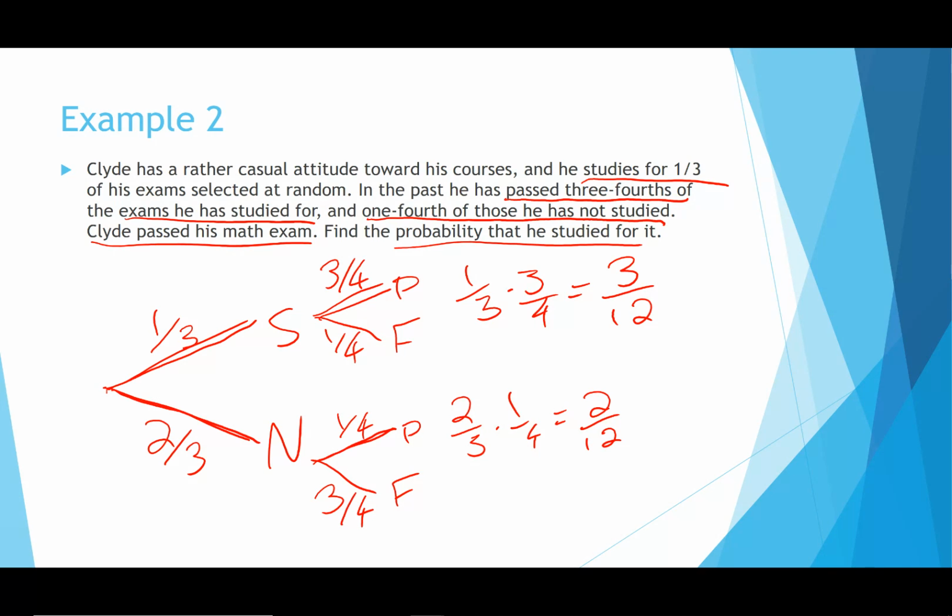All right. So if you add these together, then he's going to pass 5 out of 12, or 5/12 of the time. Okay, which is not very much, but there you go, 5/12.